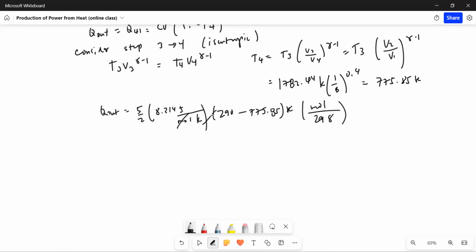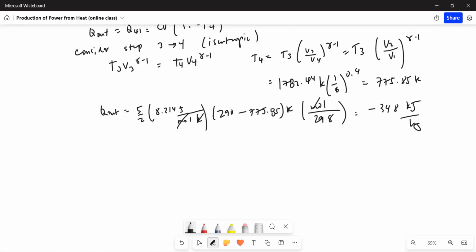So the unit is joules per gram, which is obviously also kilojoules per kilogram. So, negative 348 kilojoules per kilogram.